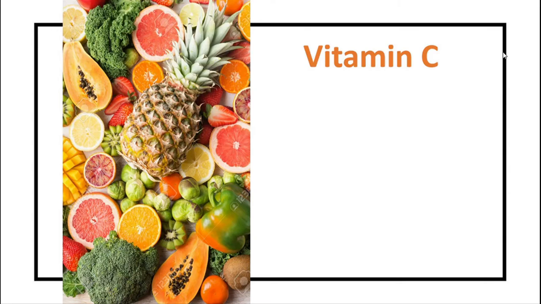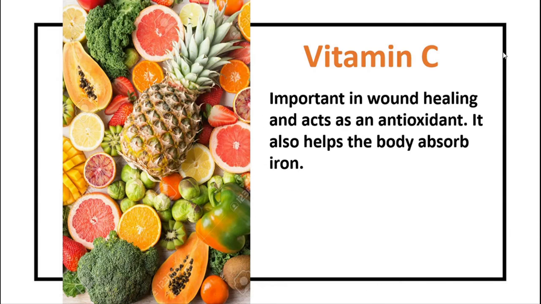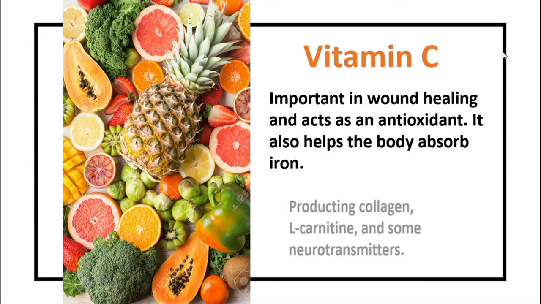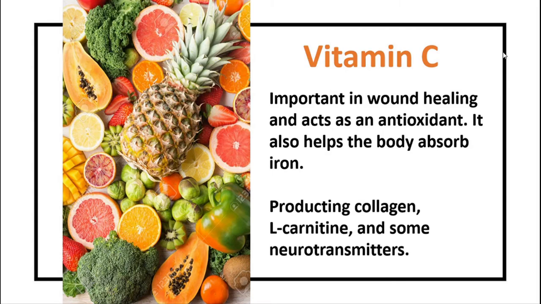Vitamin C plays an important role in wound healing and acts as an antioxidant. It can also help the body absorb iron. Vitamin C can produce collagen, L-carnitine, and some neurotransmitters.